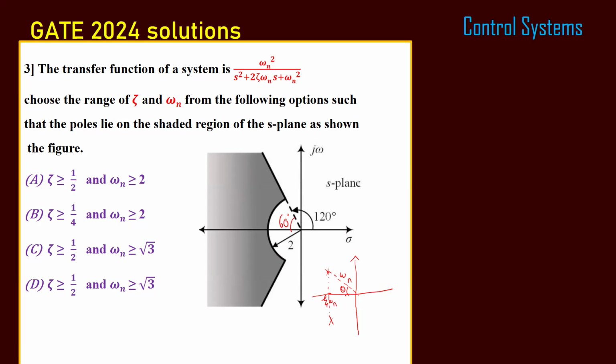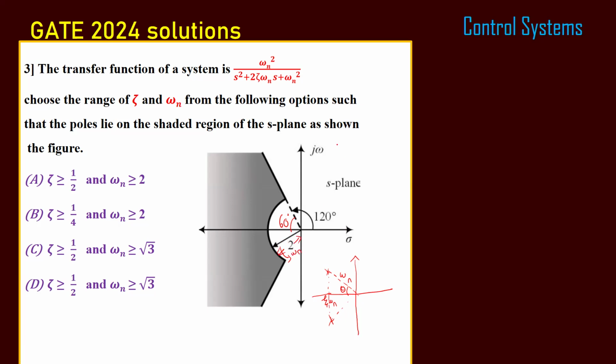So from this we can find out the cos theta and here this hypotenuse value is omega n. So here in this hypotenuse is given. It can be ranged from 2 to this side. Okay. So this value is omega n.